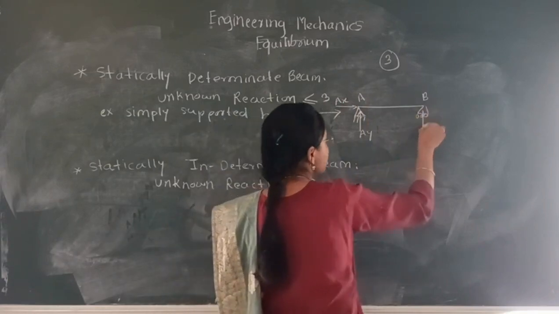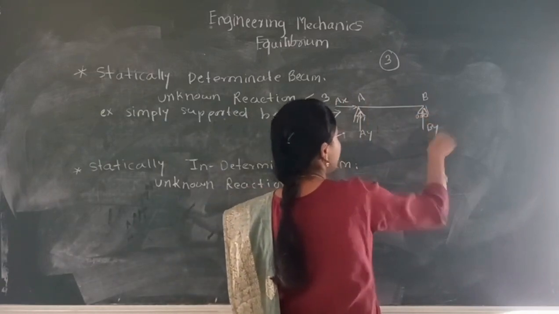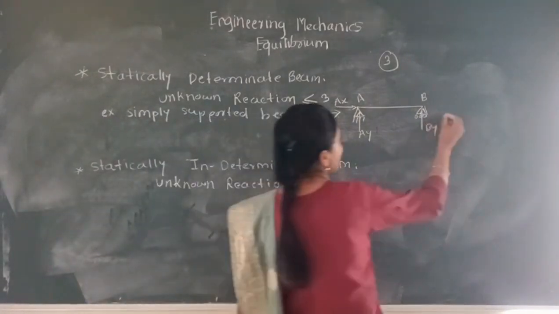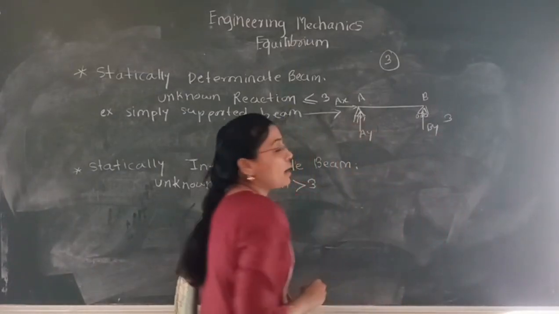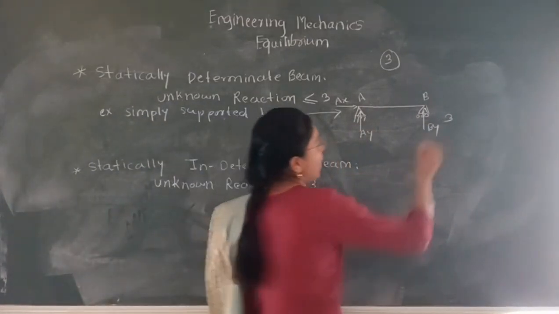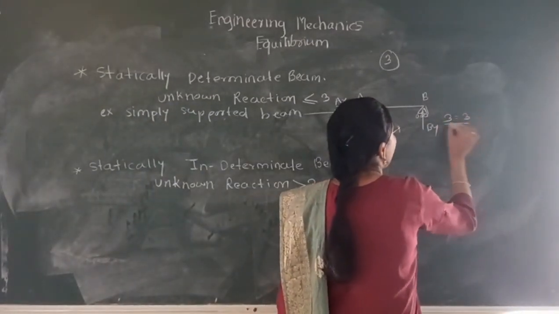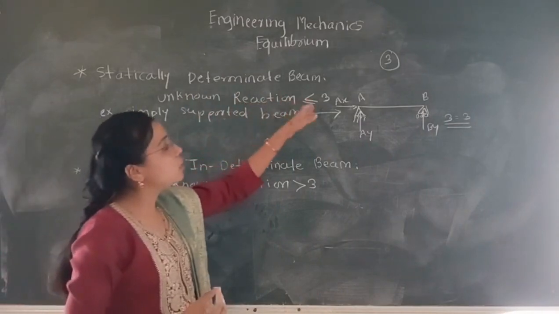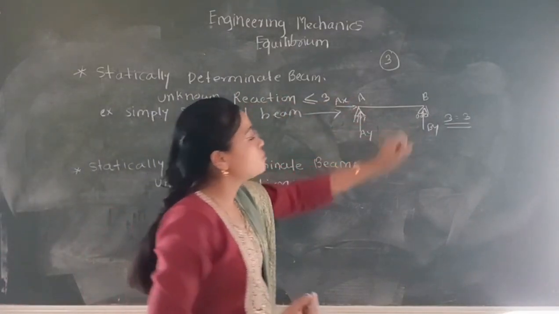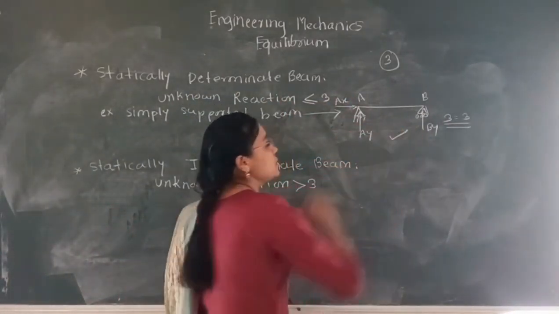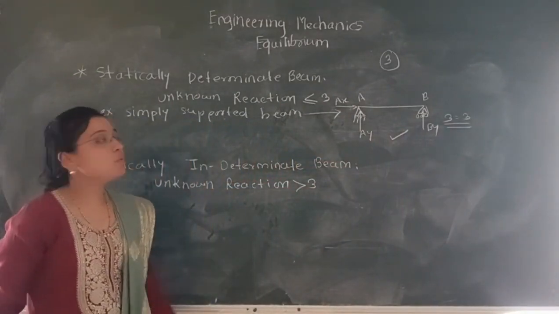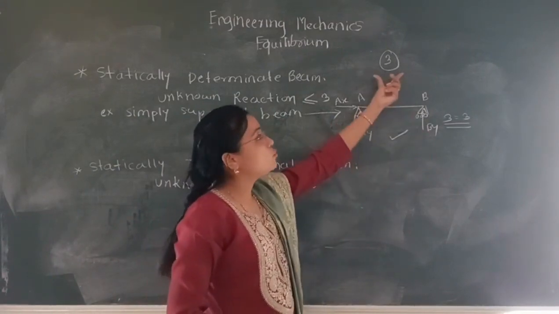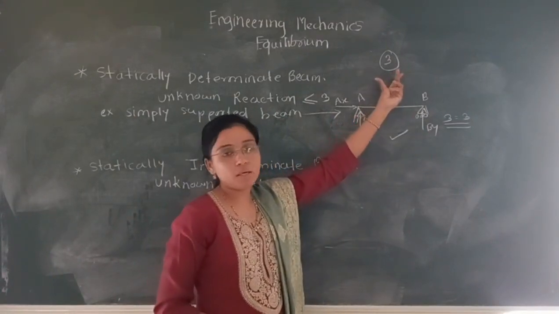Here the number of restricted reactions will be 1, that is BY. So the number of unknown support reactions is 3 and our equilibrium conditions are also 3. So our main condition, that unknown reactions are equal to 3, is satisfied. So this beam is a statically determinate beam. All unknown support reactions can be found out by using our 3 equilibrium conditions.